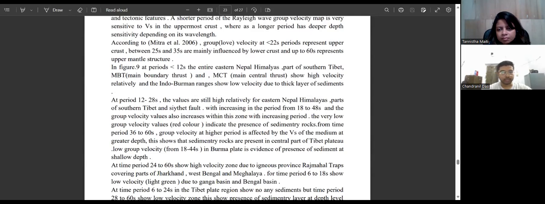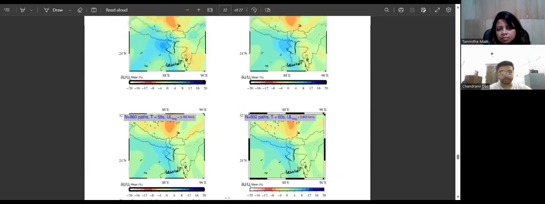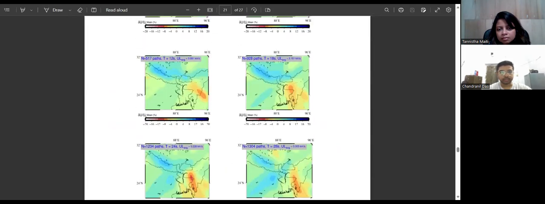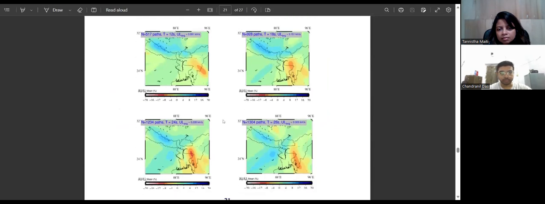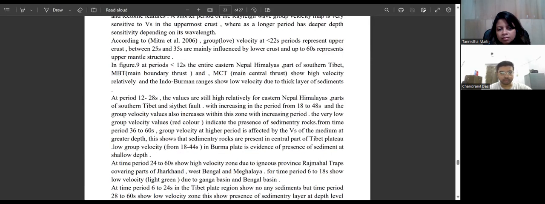Next, ma'am, for the 12 to 28 seconds time period, yes, ma'am, this section, these four portions, the values are relatively high for the eastern Nepal Himalayas, the parts of southern Tibet and Sichuan fault, with increasing period from 18 to 48 seconds.